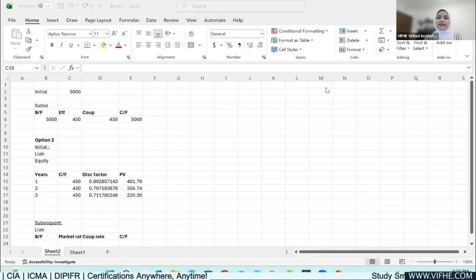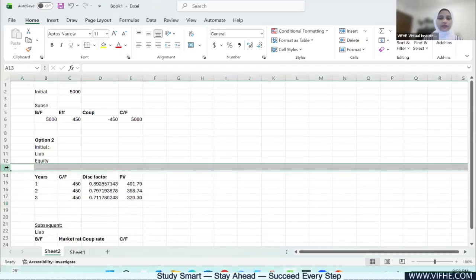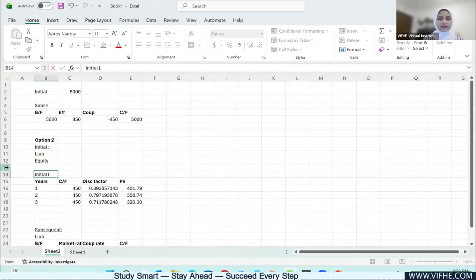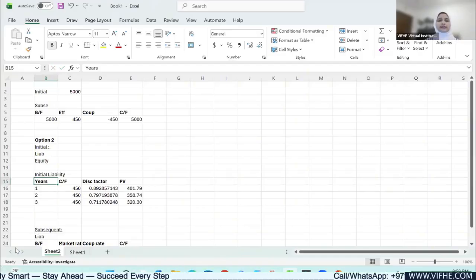Understand, guys. What I'm trying to measure right now is my initial liability element. The question said that it was mandatorily going to be converted into equity shares.